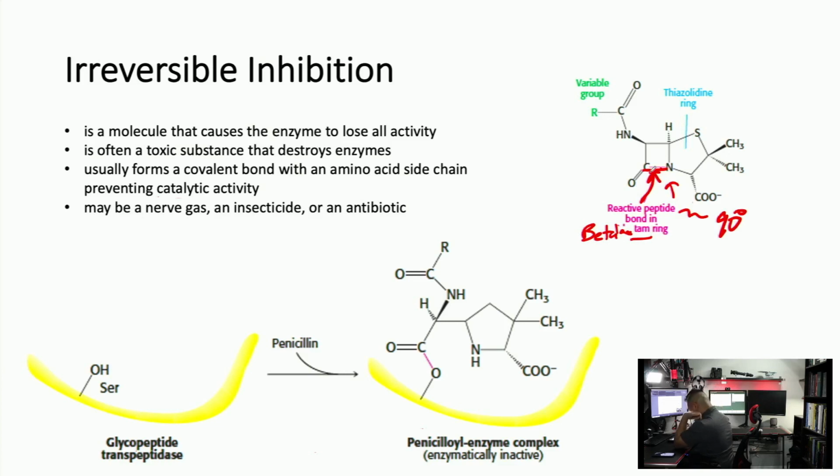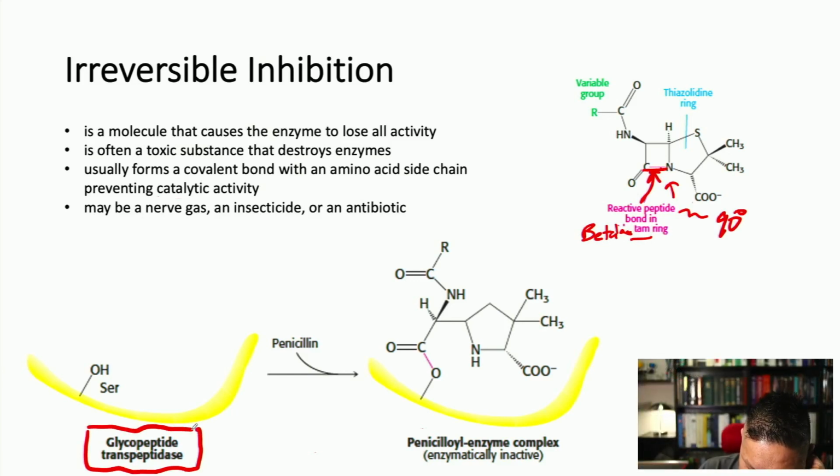But basically what happens is that in bacteria, they have this thing called a peptidoglycan cell wall, right? And there's an enzyme that helps them make this peptidoglycan cell wall, and that enzyme is called glycopeptide transpeptidase.